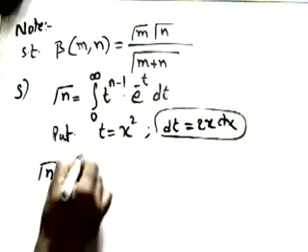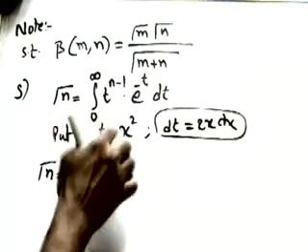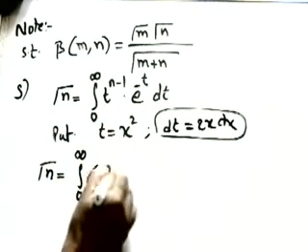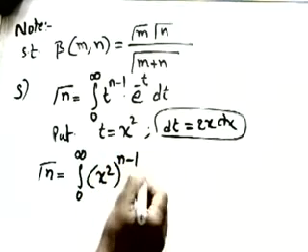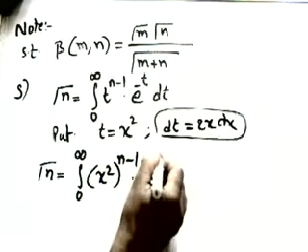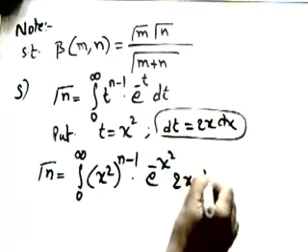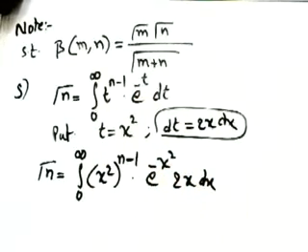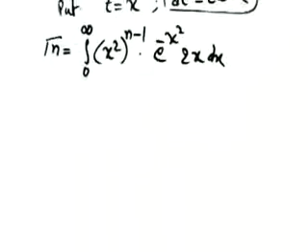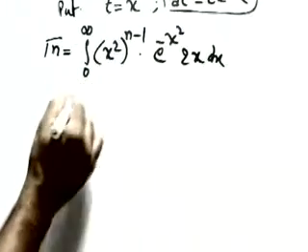Now this gamma of n will become integration of 0 to infinity, in place of t, we have to write x square power n minus 1 into e power minus, in place of t, let me write x square. Dt is 2x dx. Now let me take out 2 outside because it is constant.